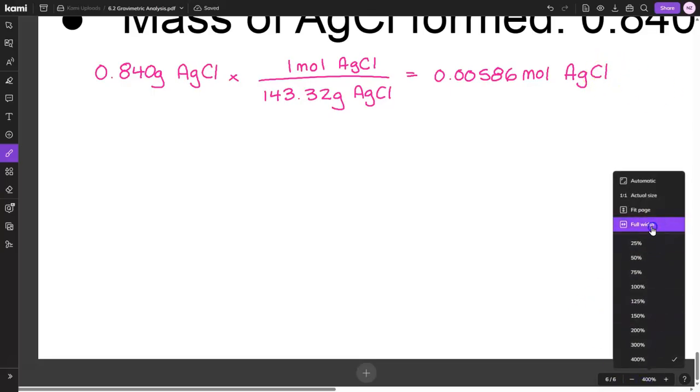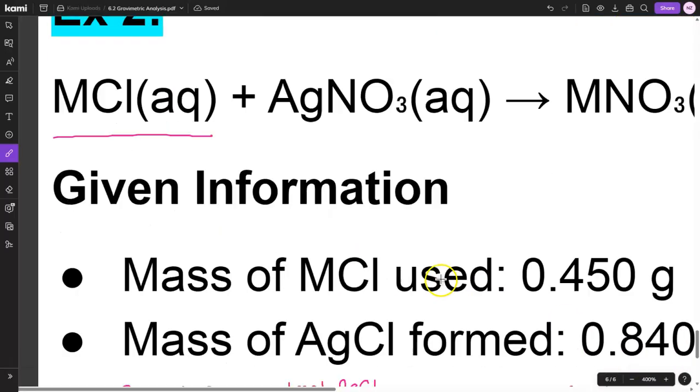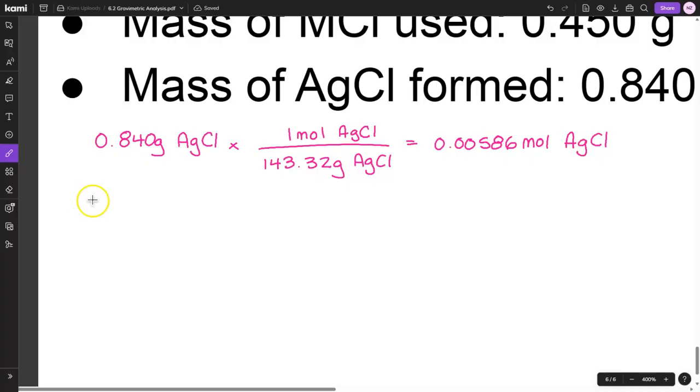And if we go back and look at our equation, our solid was silver chloride, and we want to find out what our metal chloride was here. So these are 1-to-1. There's a 1 in front of both pieces. So we'll set up our mole ratio.